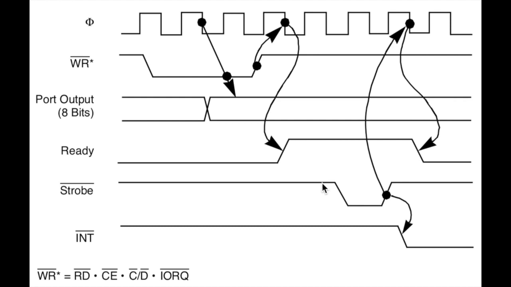And when the connected device starts reading the value, the strobe signal is put to low. And when the device has finished, it will raise the strobe signal, and immediately, if enabled, an interrupt is generated by the PIO. And with the next falling clock signal, the ready signal is put to low.